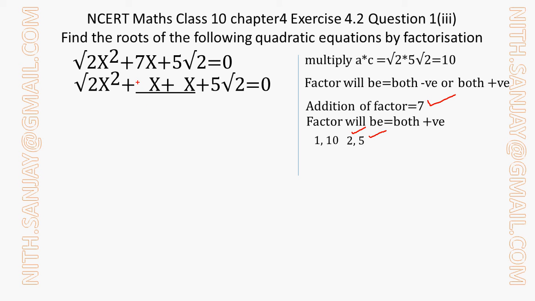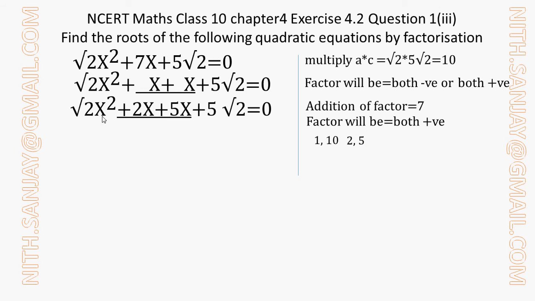So what I will do is I will put the value 2 here and I will put 5 here. Then this equation will look like this: root 2x square plus 2x plus 5x plus 5 root 2 is equal to 0. Now from these first two terms, I will take root 2x common, and from the last two terms I will take plus 5 common.